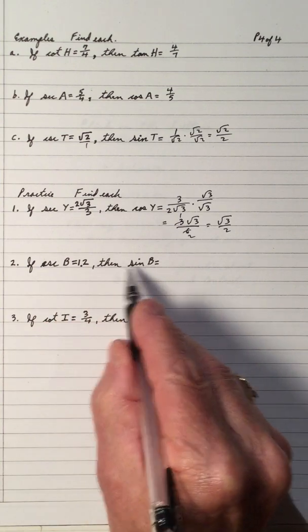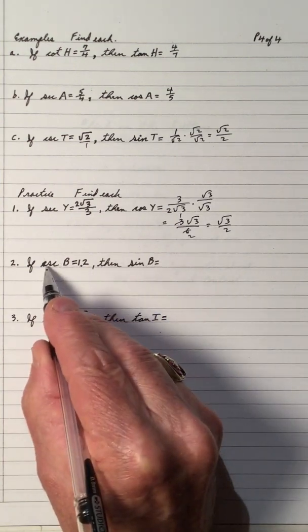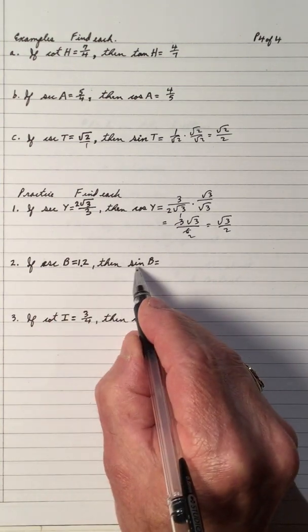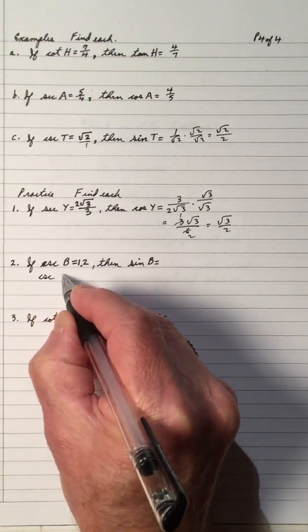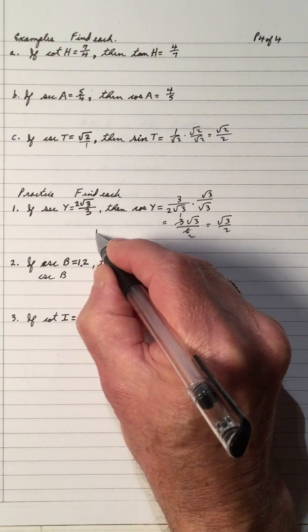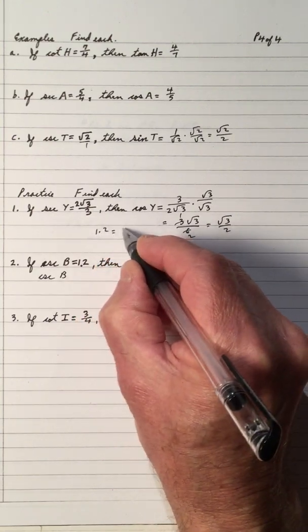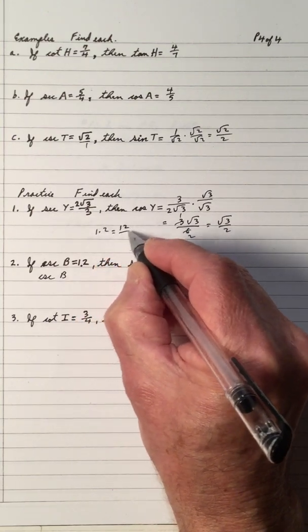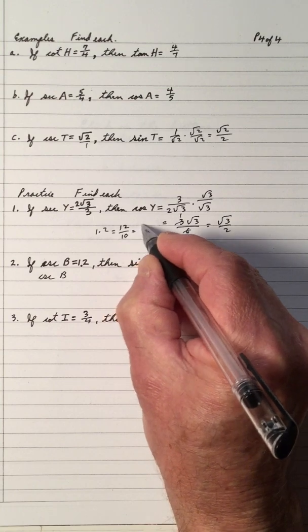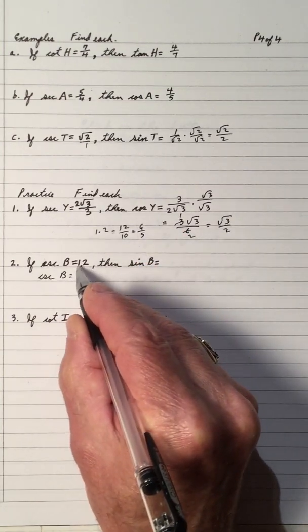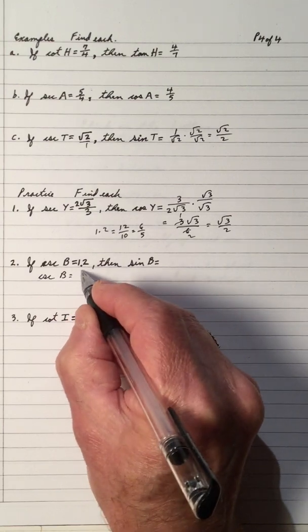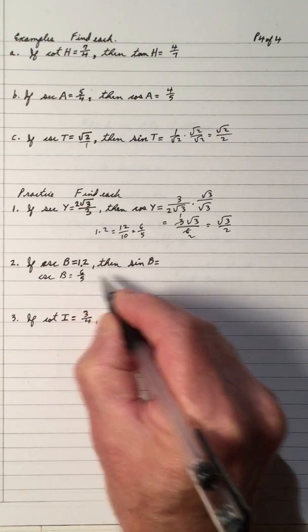And we got angle B in each of these. We got cosecant and sine reciprocals, but let's change 1.2. It is the same as 12 over 10, which is 6 over 5. So we can make 1.2 the same as 6 over 5.